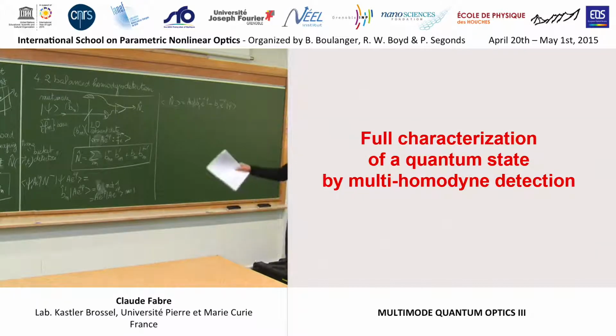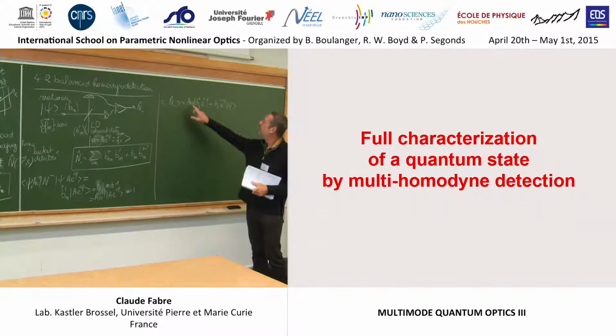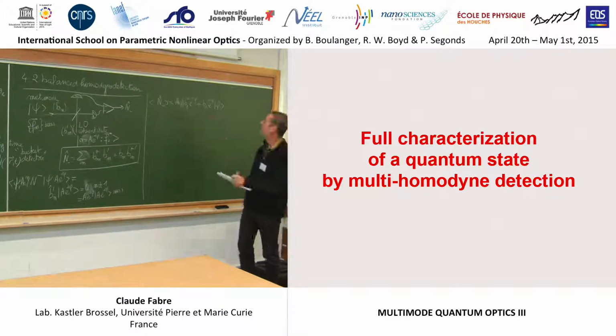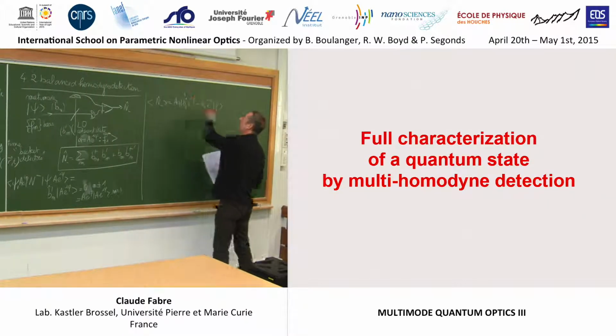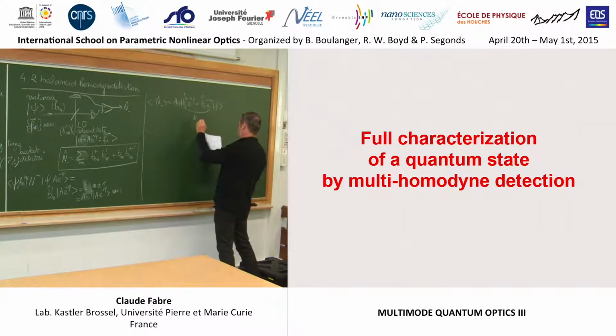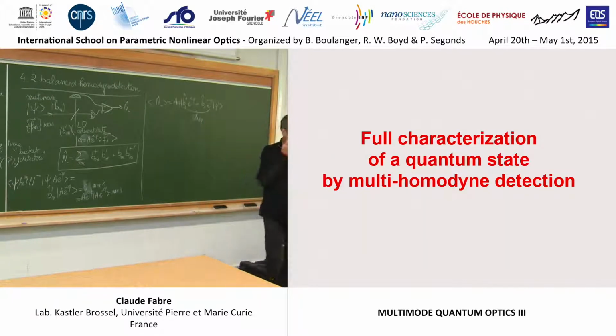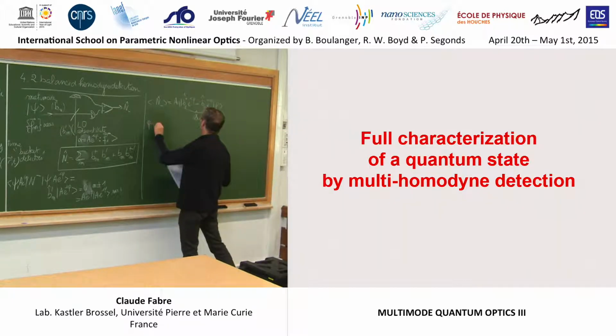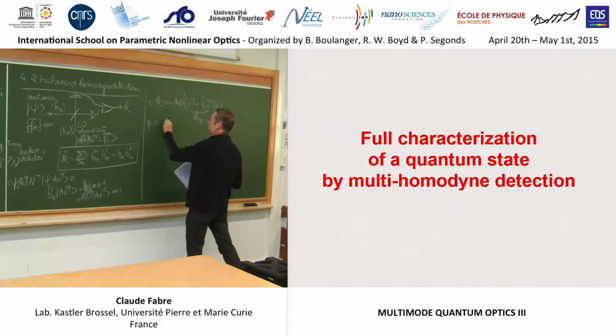Okay, so this way allows us to measure the mean of the operator b, that we can call x1 phi. And this one is well known. For phi equal to 0, I have b plus b dagger, it is x1.